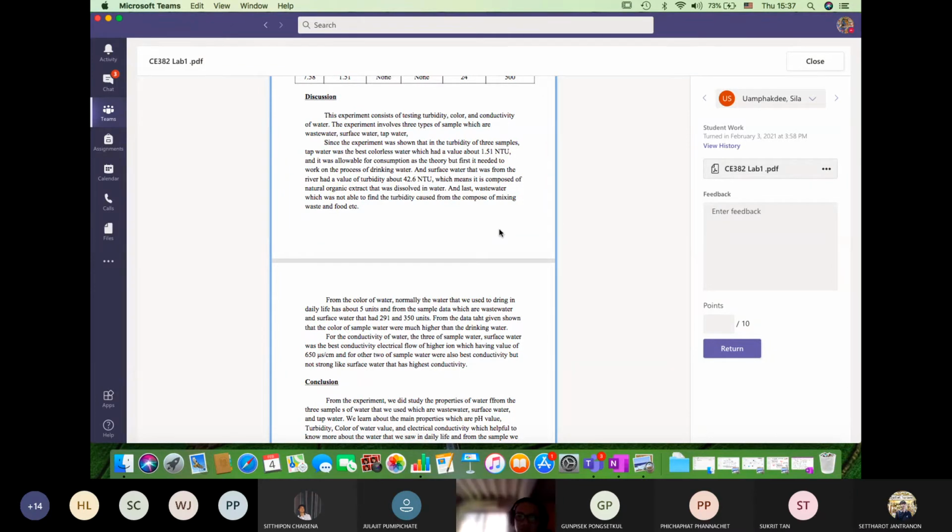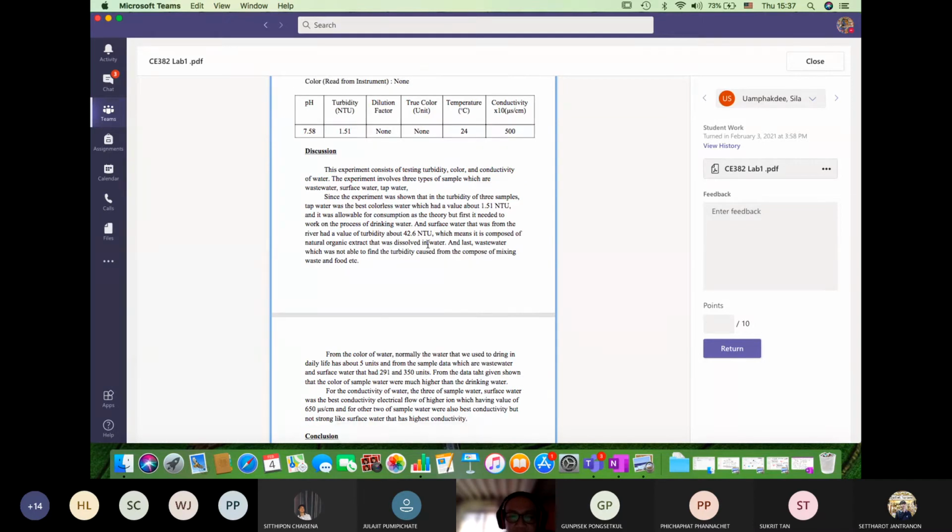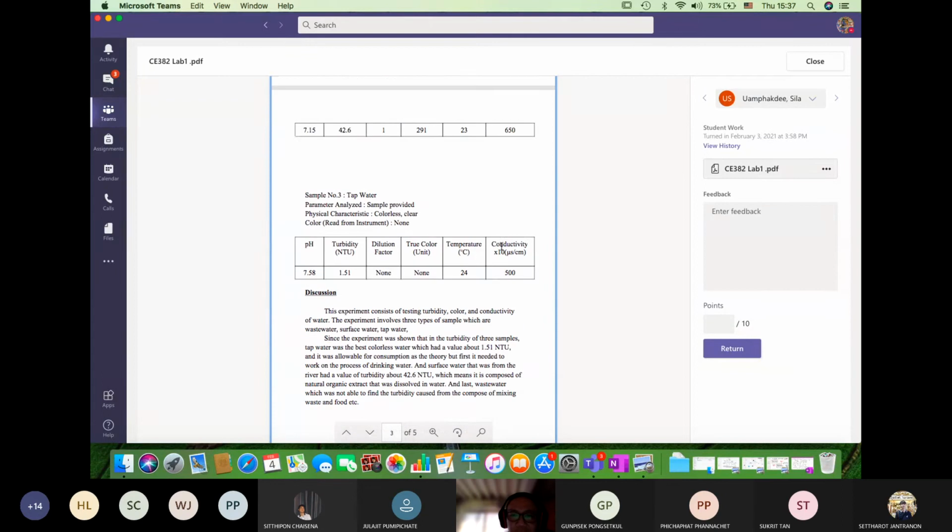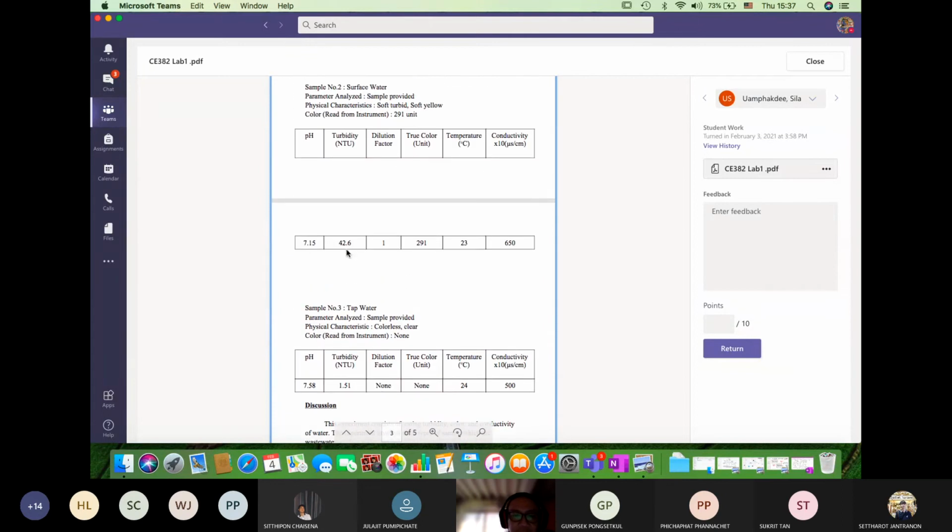So discussion must be something meaningful. So you have to change the way you discuss the results. You should make a comparison to the standard, or somehow you may look for other typical values. For example, in the case of the surface water, you are getting the turbidity as high as 42.6.